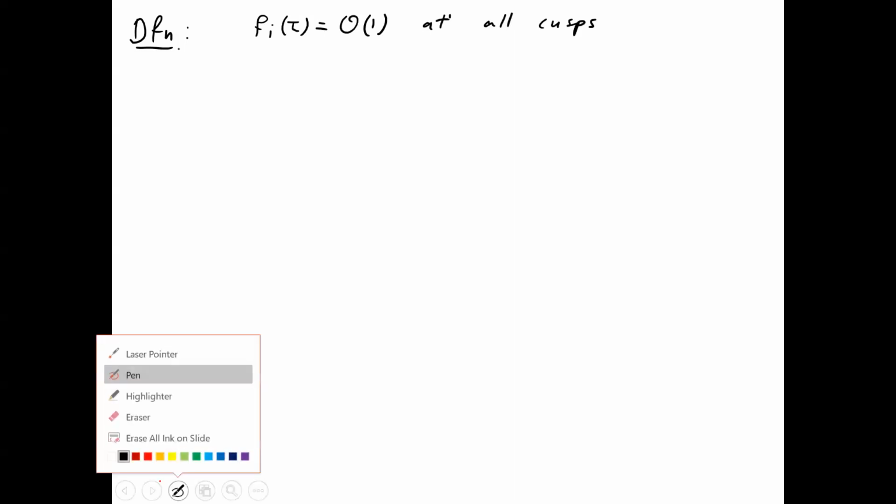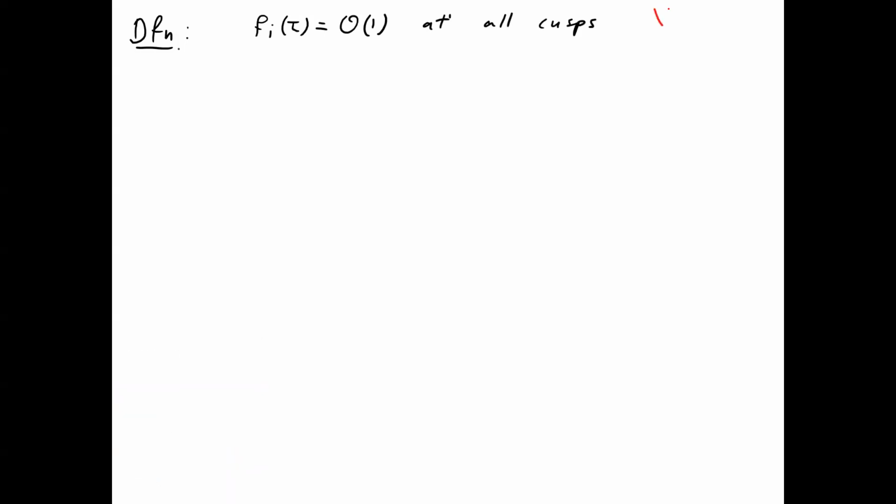So we might want to require that this is bounded again at all cusps, okay, when we take the limit. However, you can actually show that there is no solution to this problem. This is a bit too stringent.